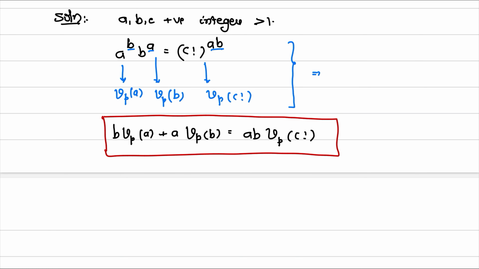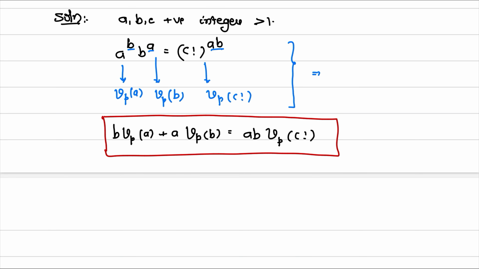From Bertrand's postulate, there will be a prime between C by 2 and C, and the exponent of that prime will be 1.